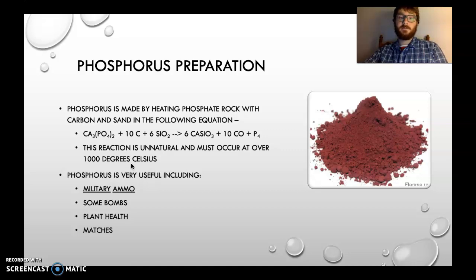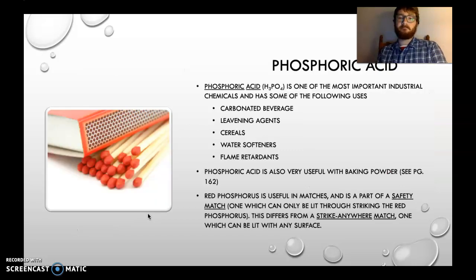Phosphorus is very useful, including military ammo. Military ammo is one of the key ways phosphorus is useful. Some bombs, plant health, matches. Speaking of military ammo, red phosphorus is actually borderline illegal to obtain, unless you're, of course, a laboratory or the military, because it has so many unique uses.